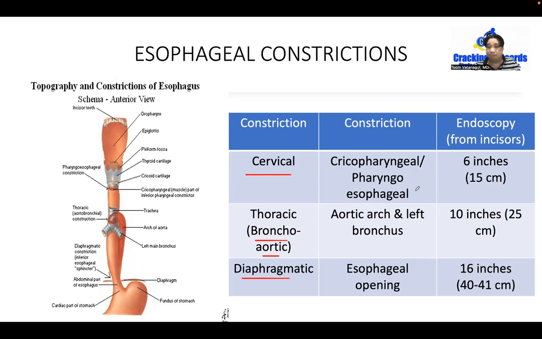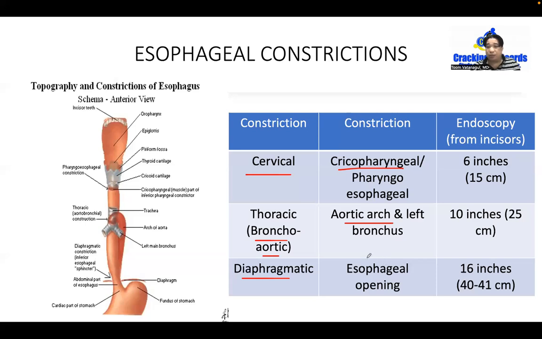Now, tip. The first constriction is at the cricopharyngeal or the pharyngoesophageal level. Then we have the second constriction, which is at the level of the aortic arch, and as the bronchus splits, we have the left and the right main bronchus.